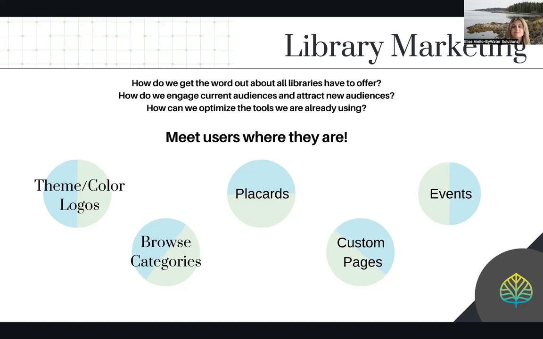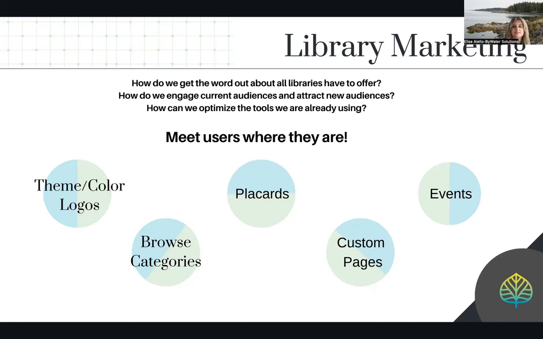Some of the ways that we're going to look at this today, and these are not even close to all the ways that you can use Aspen to market your library, are your branding, because of course your logo and being identifiable in your community is really important. Browse categories. Placards, which are like digital marketing billboards. I like to think of that as custom pages.